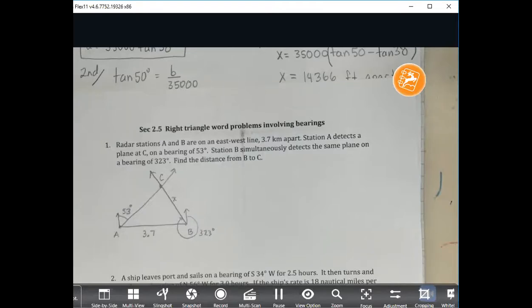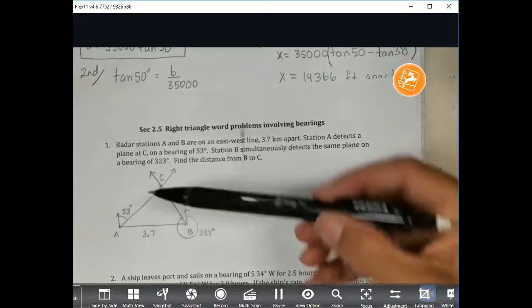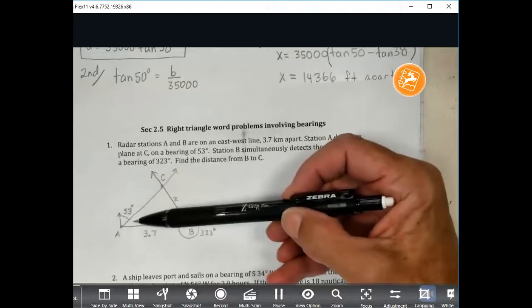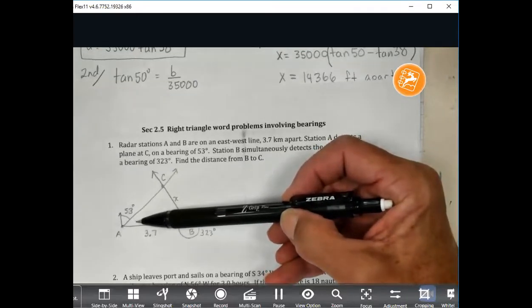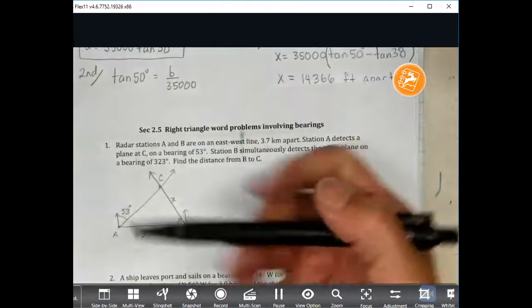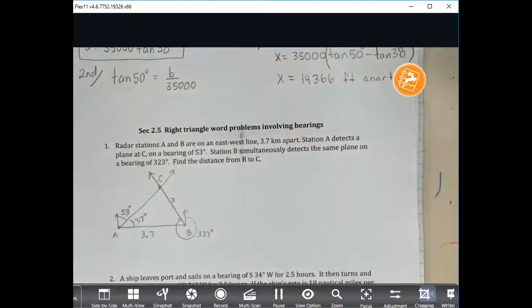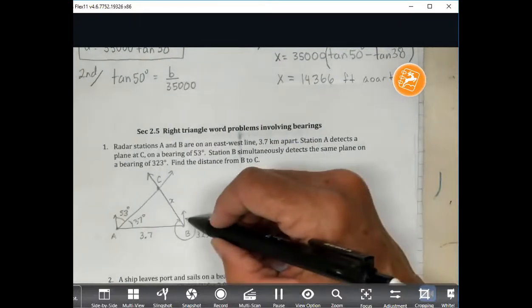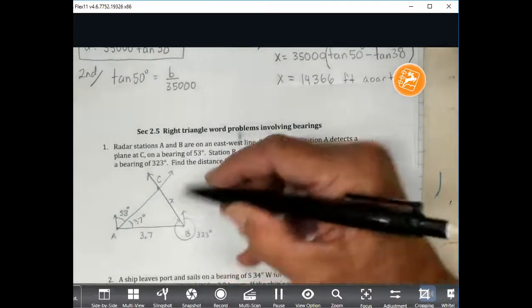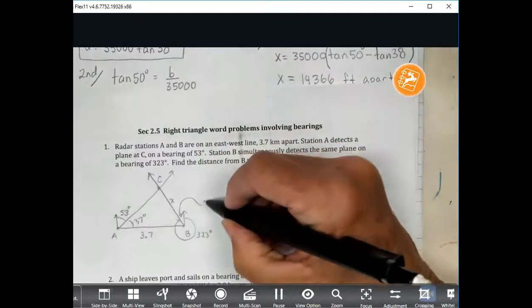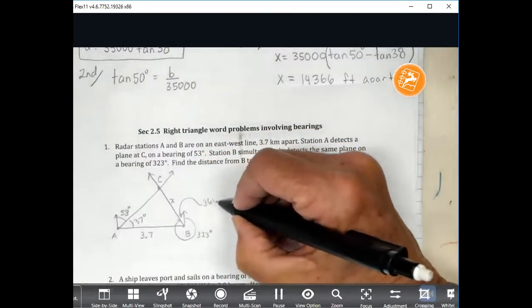We've got the 53-degree angle here. Does that help me in any way? I could tell you what that angle is. What's the measure of this angle? 37, so that they add to 90. This is not quite all the way around the circle, so I can figure out the measure of that little bitty tiny angle in there: 360 minus 323.